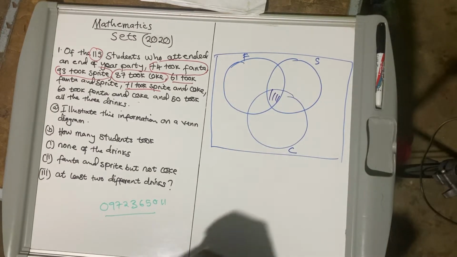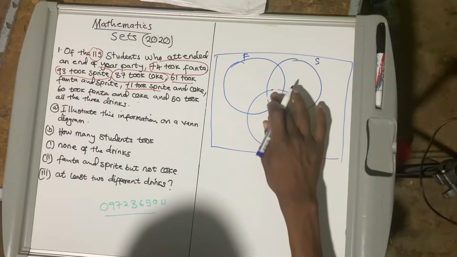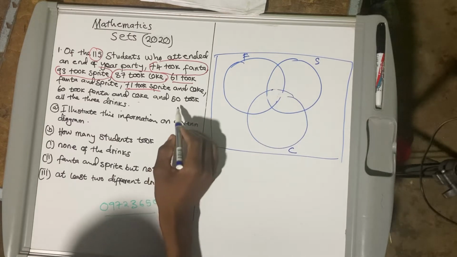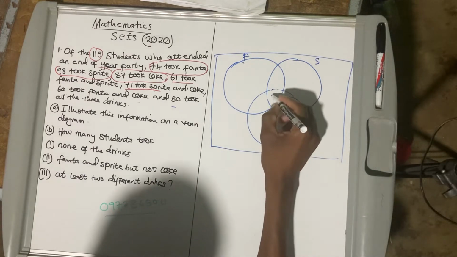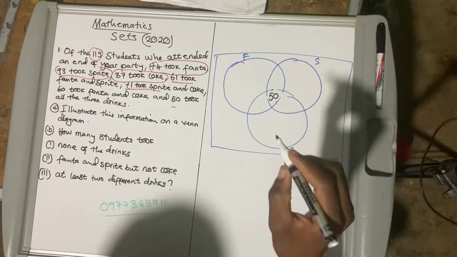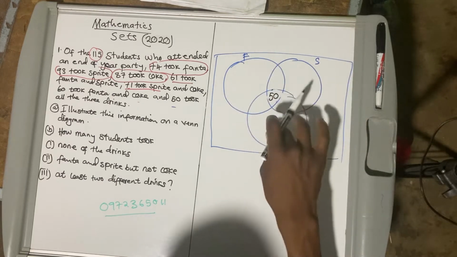How many students took all the three types of drinks? We have been told that 50 took all the three types of drinks. Therefore, the 50 has to be in between all the three sets.